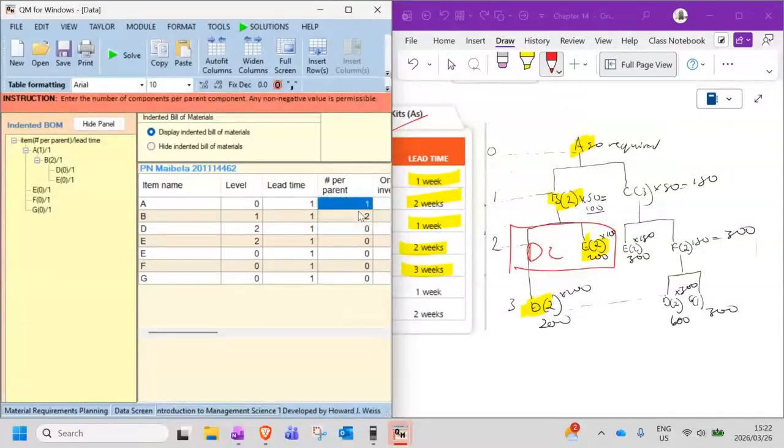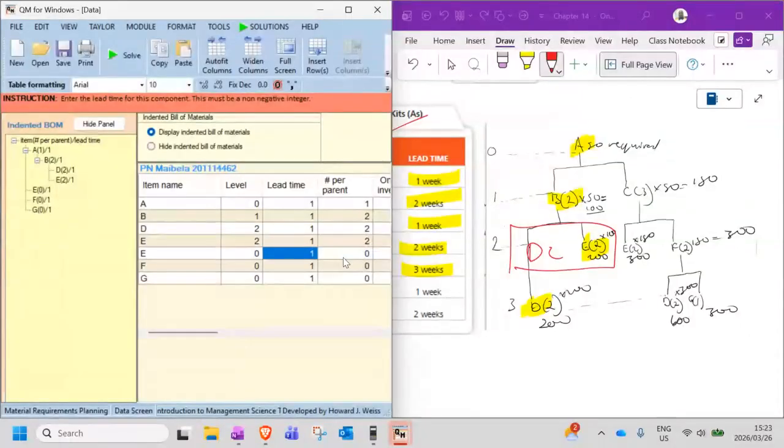The speaker, one product. B is 2, D is 2 also, and E is 2 also. Then we have that 3 there. Then we haven't yet done the lead time. Leave the lead time, we'll do it.